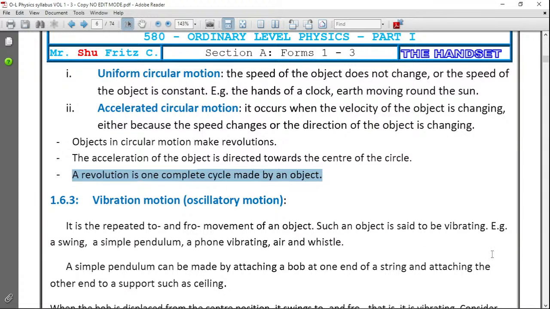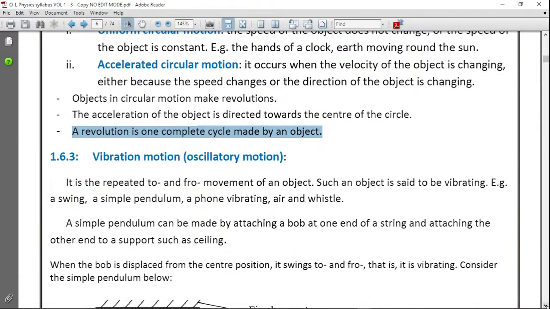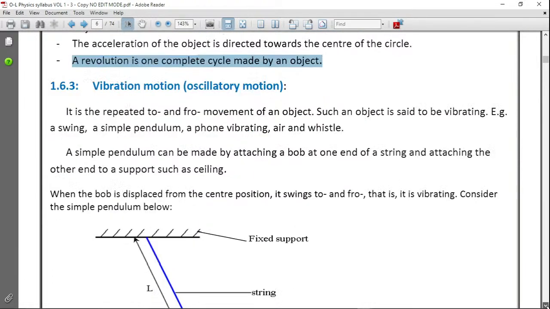Now we look at vibrational motion, or oscillatory motion. Vibrational motion is defined as the to and fro movement of an object, the repeated to and fro movement of an object. To and fro means forward and backward.